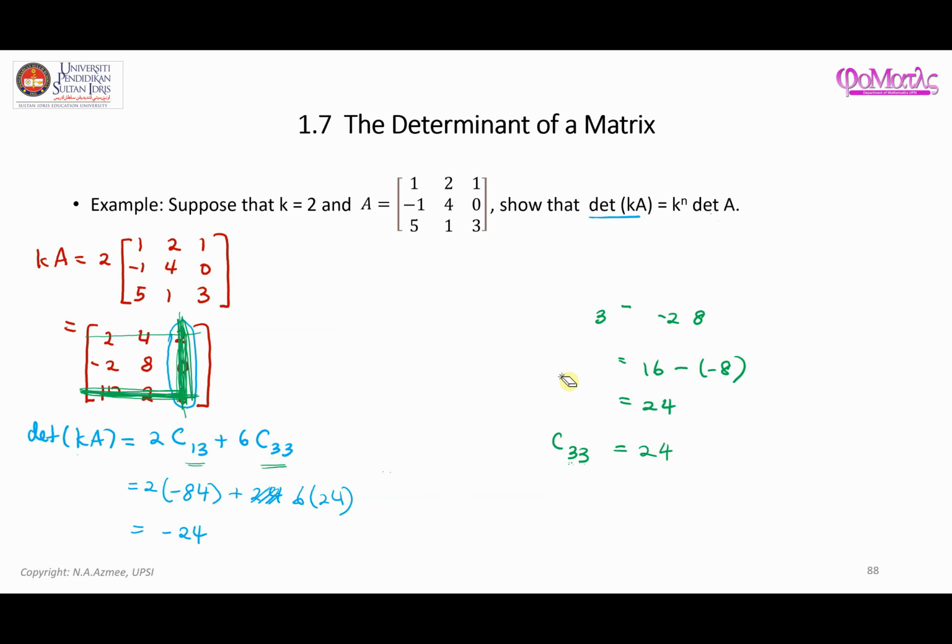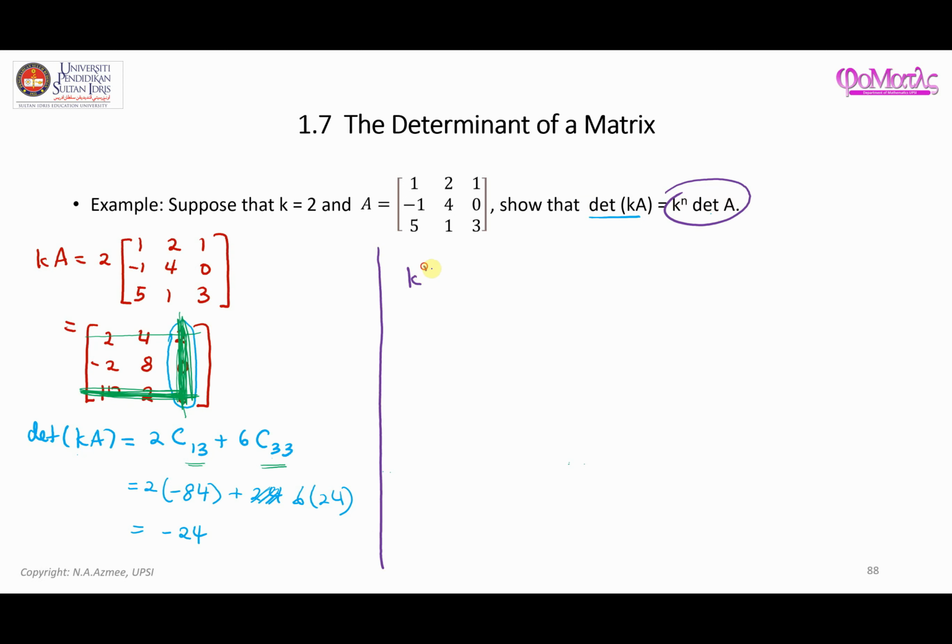Okay, so now I'm going to focus on doing the process given on the right hand side of this equation. Well, K to the power of n times determinant of A, with K equal to 2. This is a 3 by 3 matrix, so 2 to the power of 3 times determinant of A matrix. So this is 2 to the power of 3, which is 8, times determinant of A.